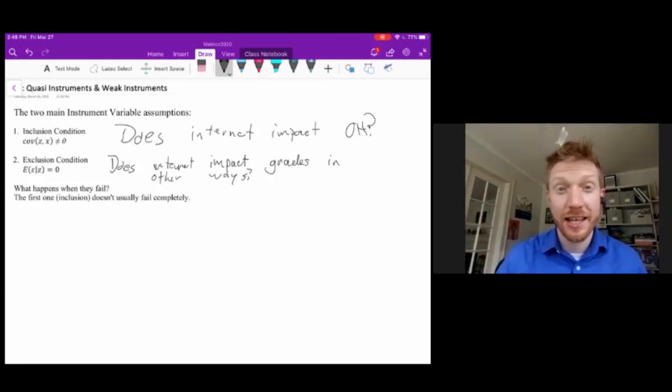This is saying, is internet part of or related to the error term? So if students actually do a decent amount of Google searches and reading online to learn about the course material, then this would fail. Then this would not hold. This exclusion criteria would potentially be violated.